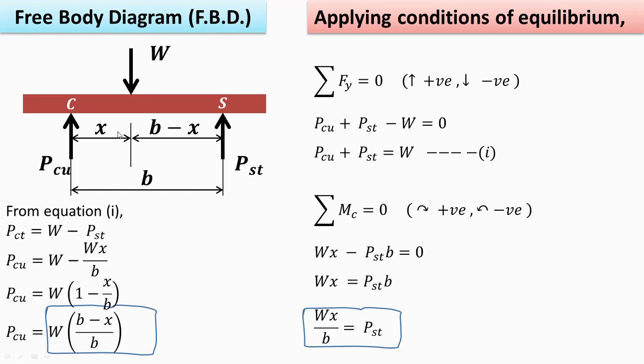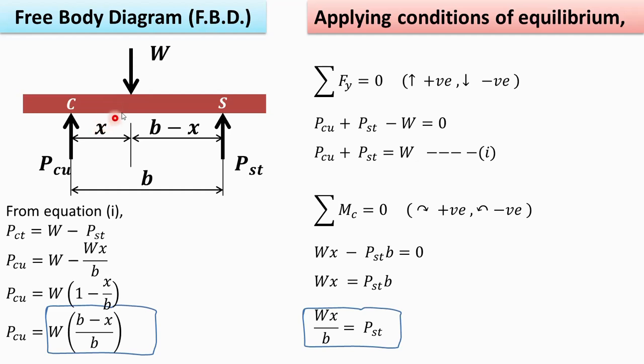Now summation of moment about this support C is 0. Clockwise positive and anti-clockwise negative. So this W will produce clockwise moment. We can see this arrow of W will go towards C in clockwise direction. Force multiplied by perpendicular distance. This is vertical, so the horizontal distance is the perpendicular distance, that is x.